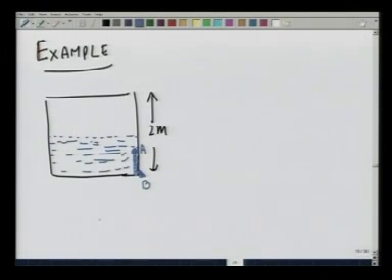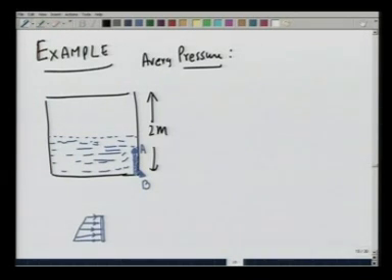To do so, first realize that this door is loaded by pressure like this. This is a square door, so the loading is trapezoidal. Therefore, the average pressure on the door is going to be equal to rho g y centroid of the area of the door.